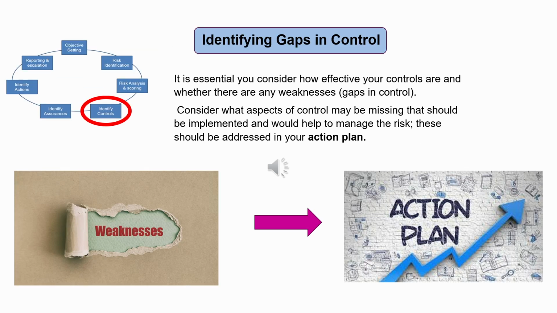Once you have identified your controls, you will need to consider how effective these are and whether there are any weaknesses, in other words, gaps in control. Consider what controls may be missing that should be implemented and would help to manage the risk. These should be addressed in your action plan.